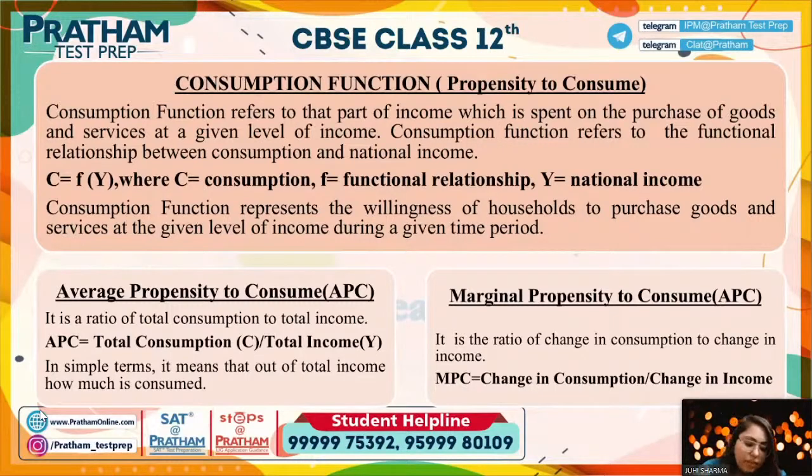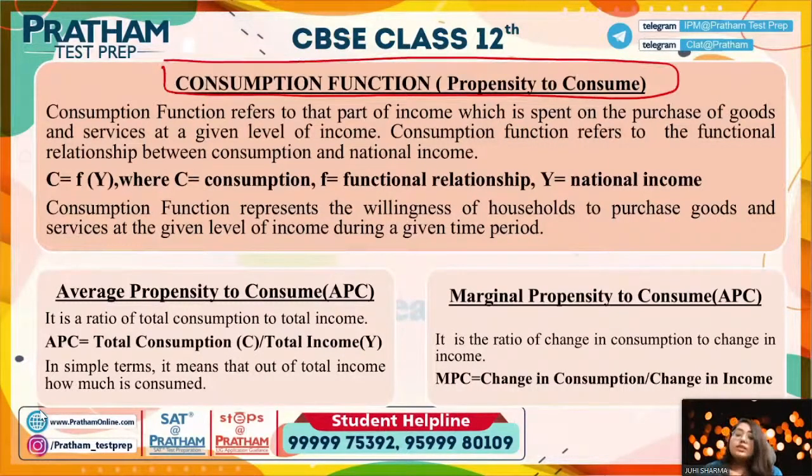Now propensity to consume actually है क्या? This is nothing, it is just a consumption function, है ना? अब possibly आपको consumption function पता हो सकता है, लेकिन आपको question में आ गया, okay, explain propensity to consume.